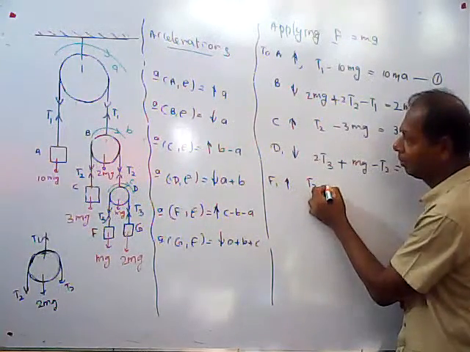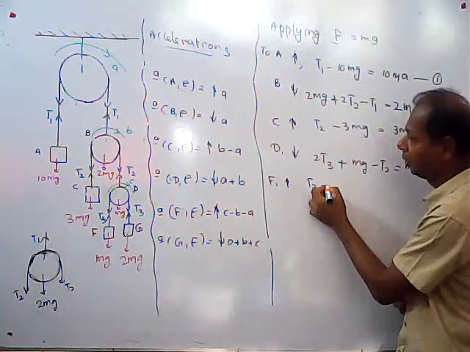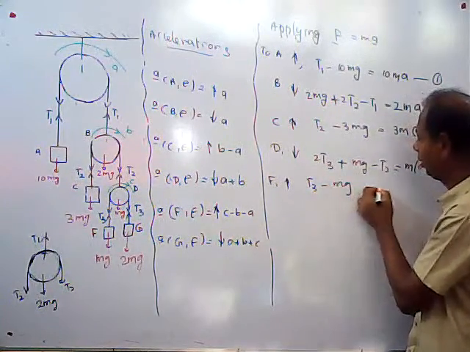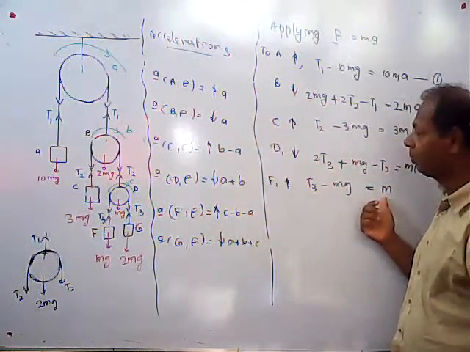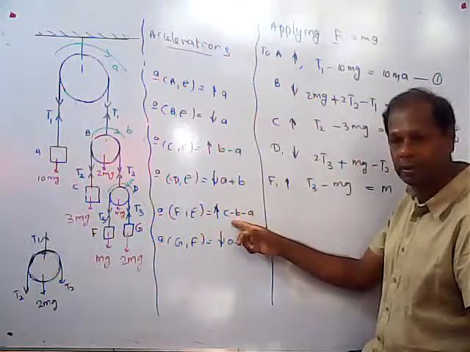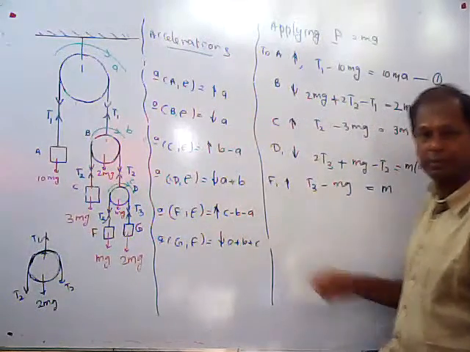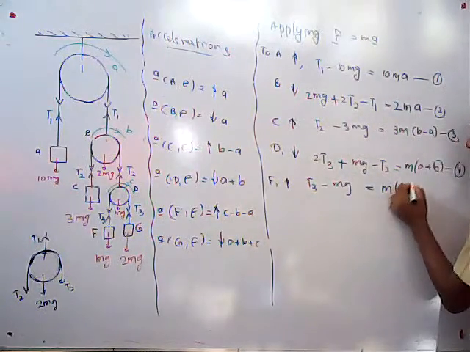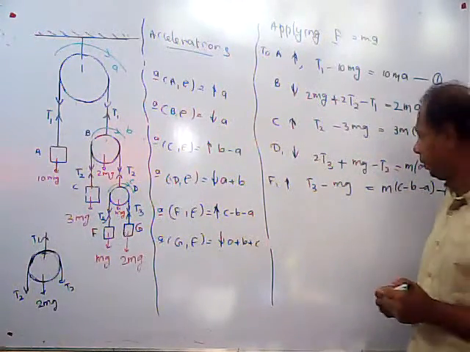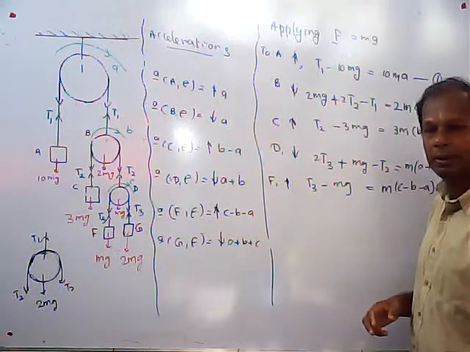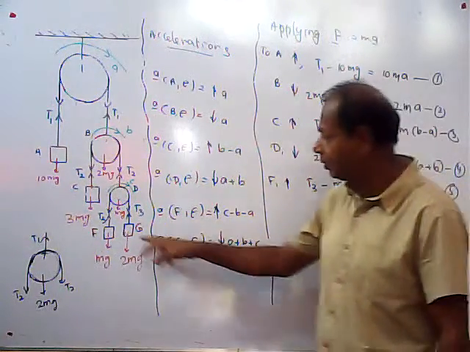T3 minus mg equals m times the acceleration, F equals m a. Acceleration is given here, c minus b minus a. Equation number 5. And finally, number 6 is given by G.